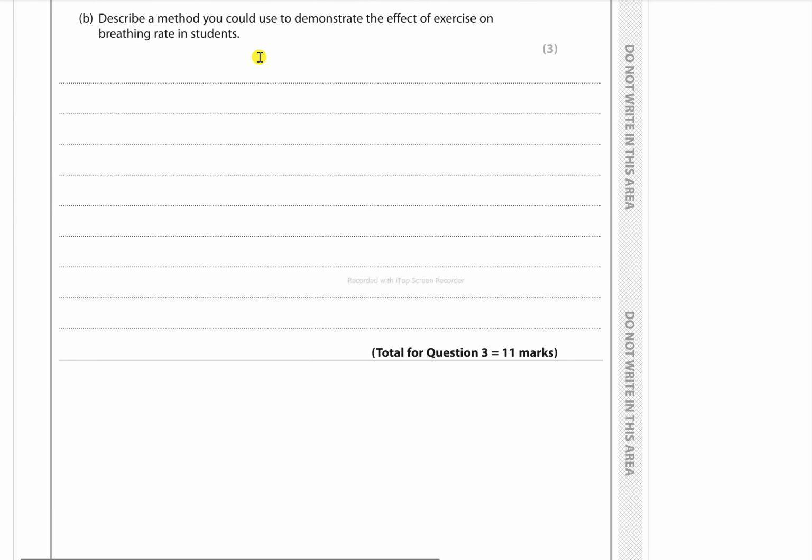Describe a method you could use to demonstrate the effect of exercise on breathing rate in students. Ooh, right, okay. It's not quite a comms one. The effect of exercise. So what you do is measure breaths per minute before exercise.